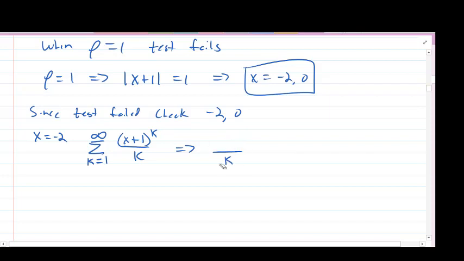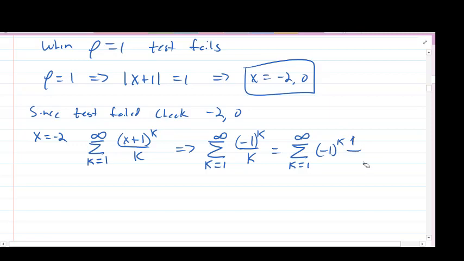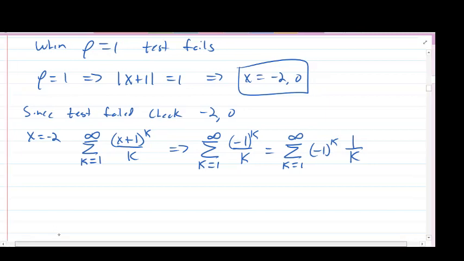Oh, forgot my summation. So we get the alternating harmonic series, which we showed earlier is a convergent series.